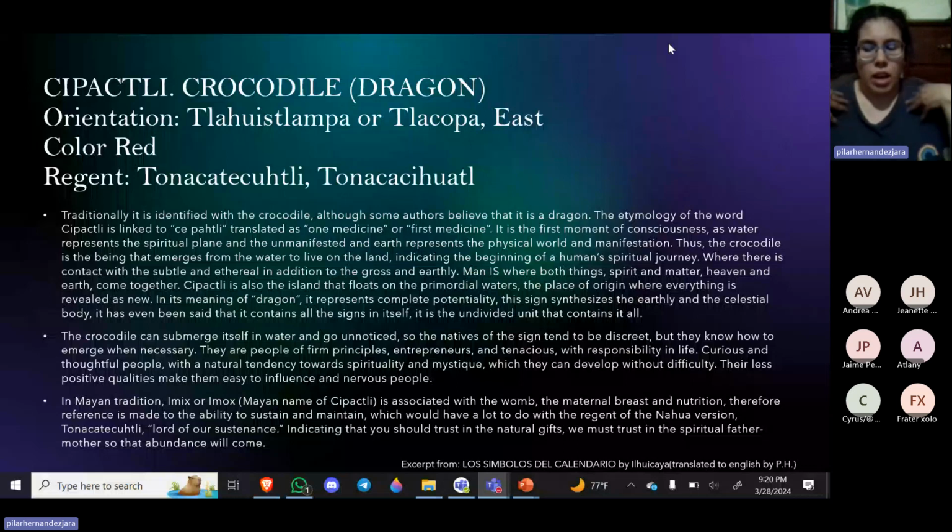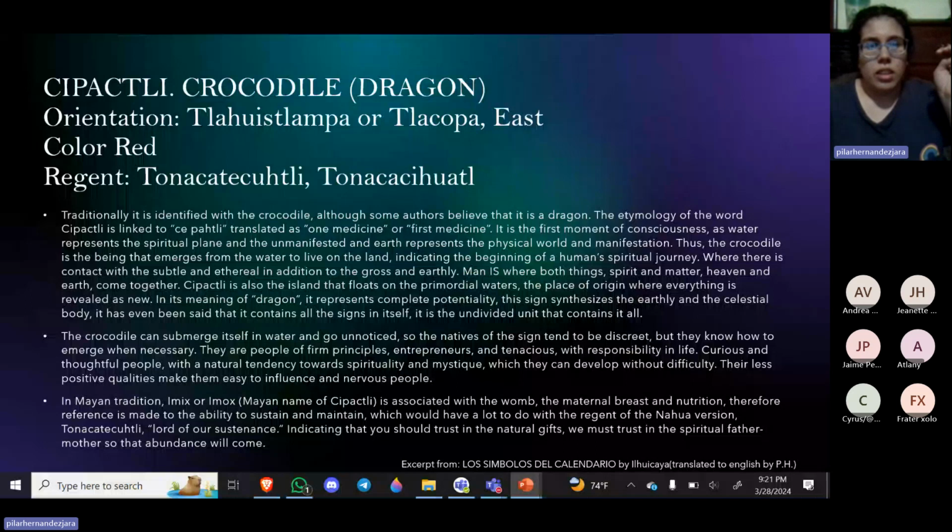We are our avatar, our body, but we're also spirit, our brain, the part of us that feels things, the part of us that has feelings and thoughts because they're not physical. And so the crocodile is the first step. It's the connection between both things. Then that's why it's the first sign in the calendar.